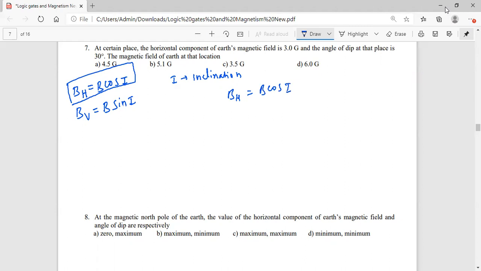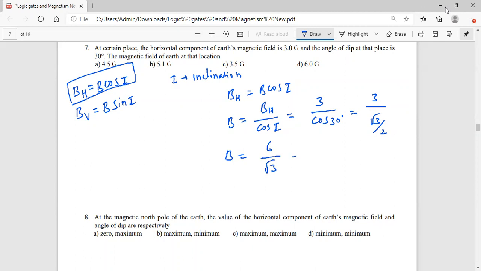You have to calculate B. Therefore, B is equal to BH by cos I. BH is 3, so 3 divided by cos 30 degrees. Cos 30 is root 3 by 2. Then B is equal to, this 2 goes to the numerator, 6 by root 3.